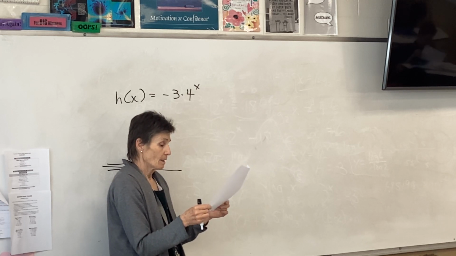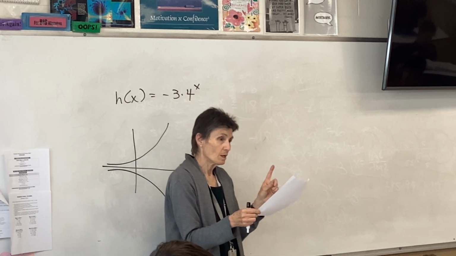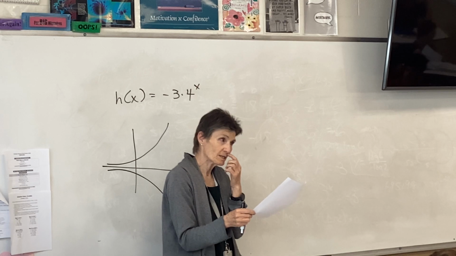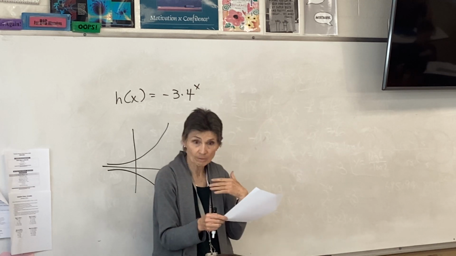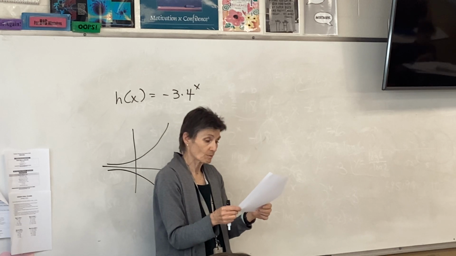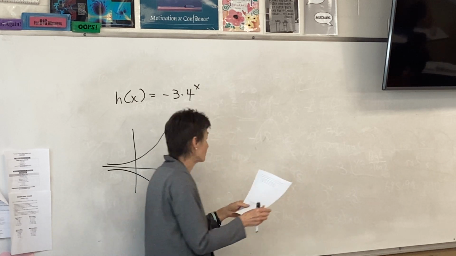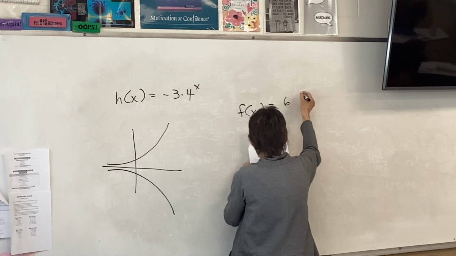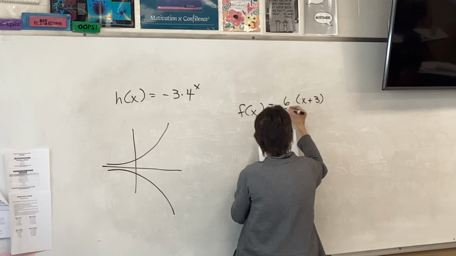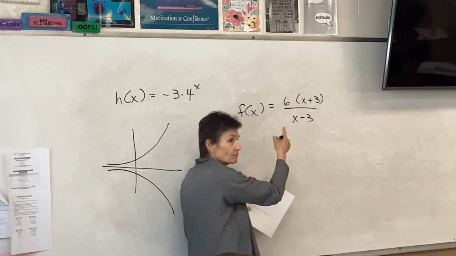Now, first of all, if there's a hole at 2, what has to happen in the equation? X minus 2 has to cancel, so that rules out C and D. So it could be A. If we cancel out the X minus 2's, this is what we would have left, right?